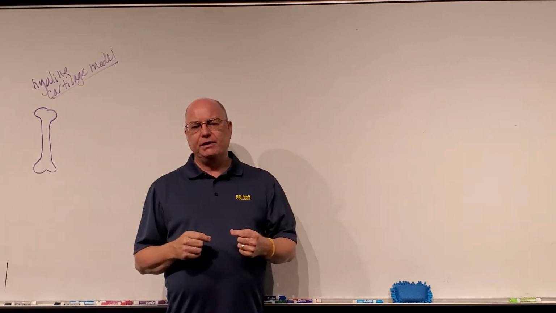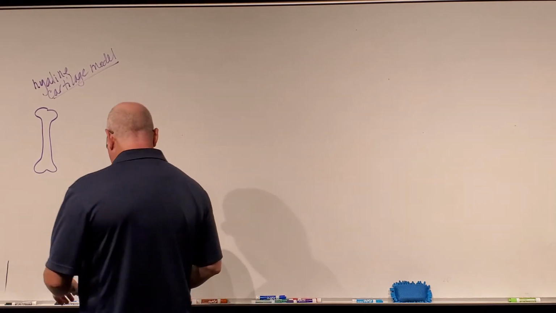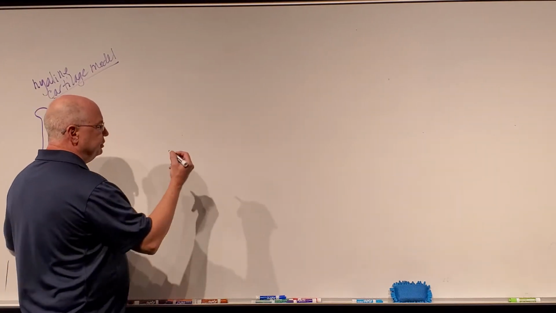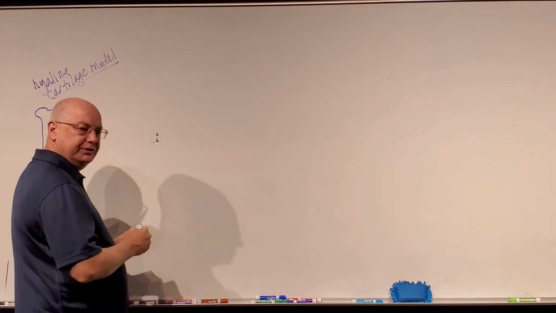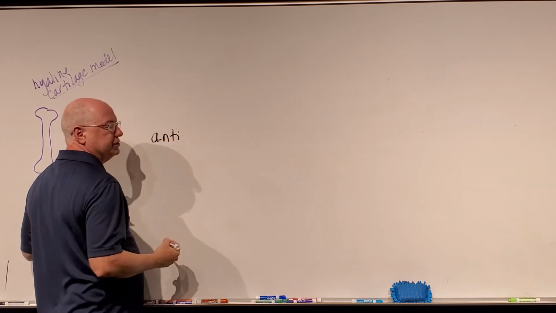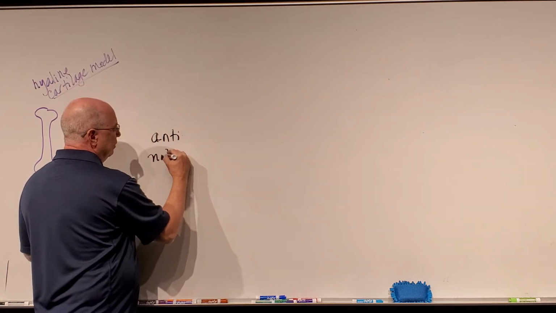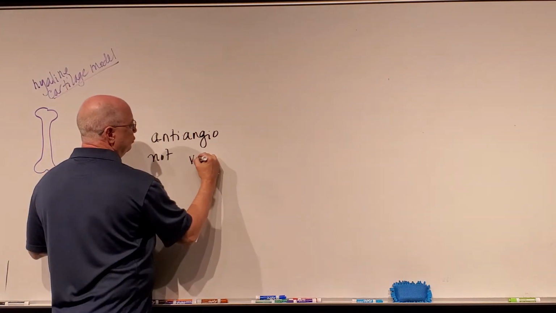There's a compound that is secreted in cartilage called Antiangiogenesis Factor. Now, I want you to just look at this word because, in my opinion, vocabulary is extremely important. Even if you don't know what something means, you can guess. Anti means not or against. Angio refers to vessels.